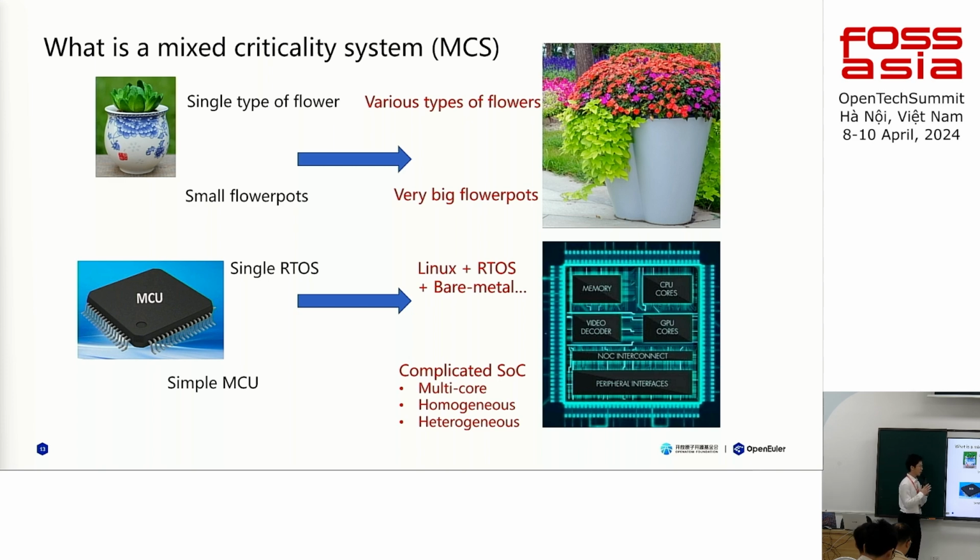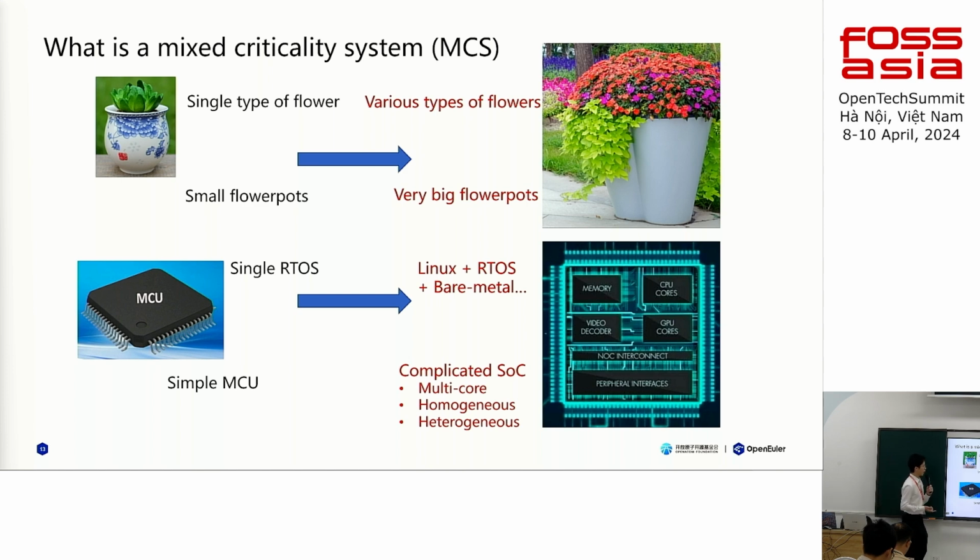Okay, let's move back to the field of computer science. In the past, we only had very simple hardware, like the tiny MCU, so we could only run something like bare metal applications or a small RTOS based on it.